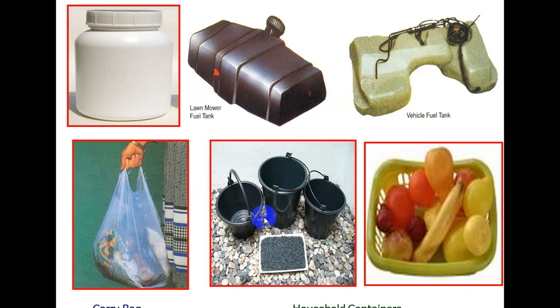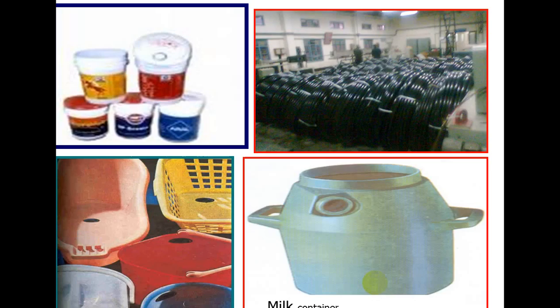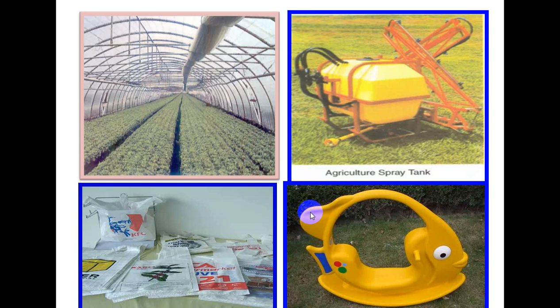These are domestic items, and these are some containers made of LDPE. These are again a few items: kitchen containers, some packing buckets, and wire coating materials. This is a container for milk and other items.